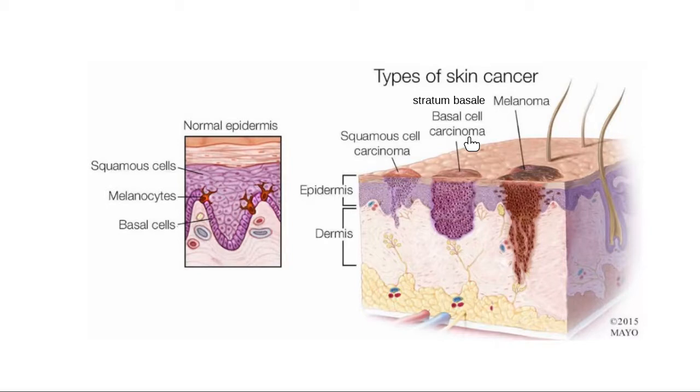Basal cell carcinoma is the most common kind of skin cancer. It's also a more slow-growing form of skin cancer. The good thing about basal cell carcinoma is notice how our cancerous lesions, so my cancer cells, all kind of grow down together in a mass. This means it's going to be easier for your dermatologist to remove all of those cancer cells. So when I worked for a dermatologist, we used a procedure called Mohs surgery, where we would literally go through and cut out a piece of tissue and look at it under a microscope to see, oh, there's still cancerous cells at the bottom.